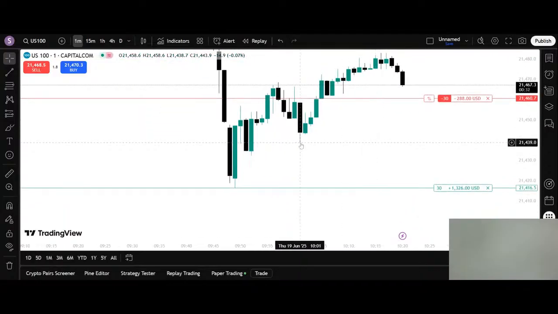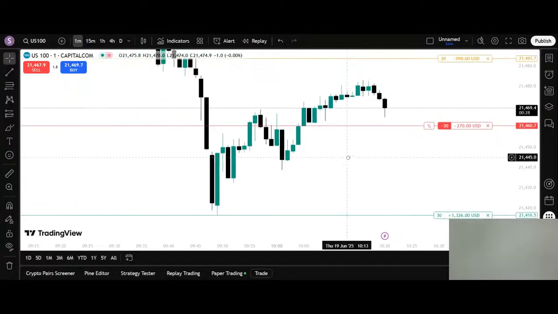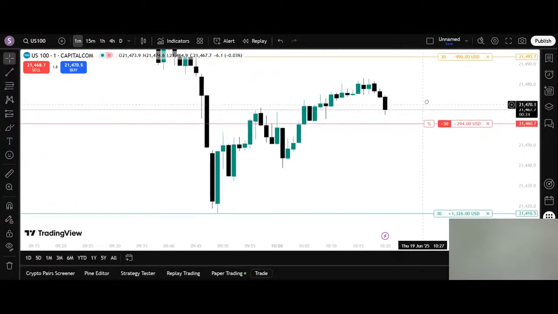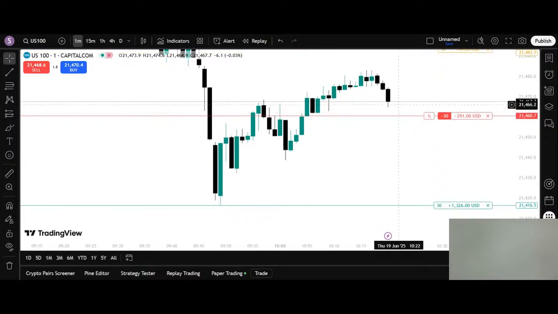If it breaks this low here, that would be a great sign. There's also a bullish FVG down here. Want to see it pass right through it.